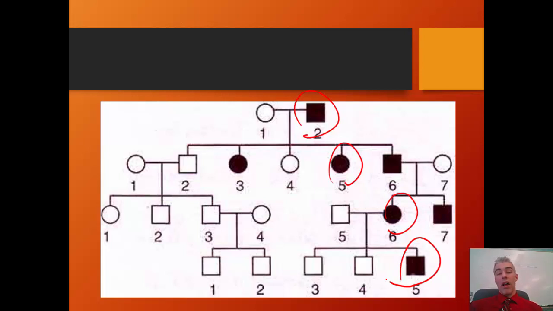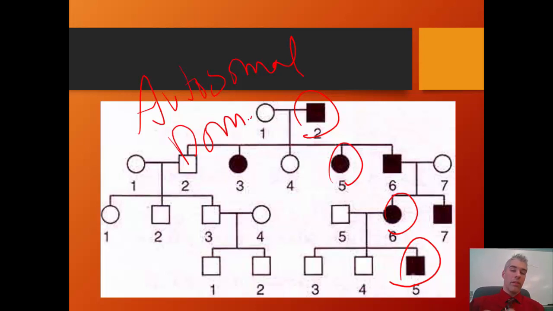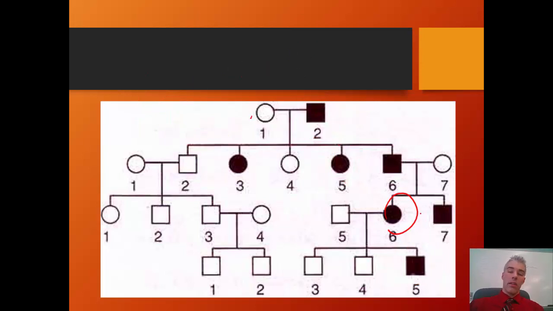So this is likely autosomal dominant. And again, you can assign different genotypes and test it out, but these are just shortcuts to figuring it out.